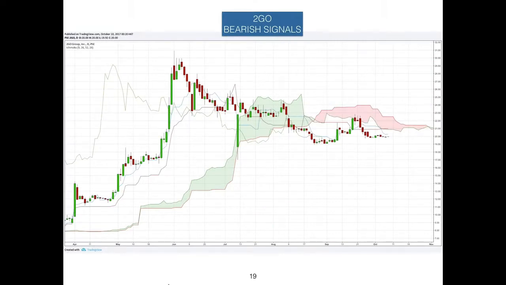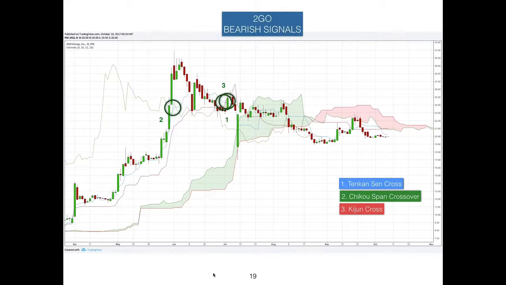So this is the slide that shows what happened next after the Chikou span went below the price bars. Price went sideways and then downward. These were the 5 bearish signals. Once again, the Tenkan-sen crossover, the Chikou span crossover, the Kijun-sen crossover, the Kumo breakout to the downside, and the Kumo twist.